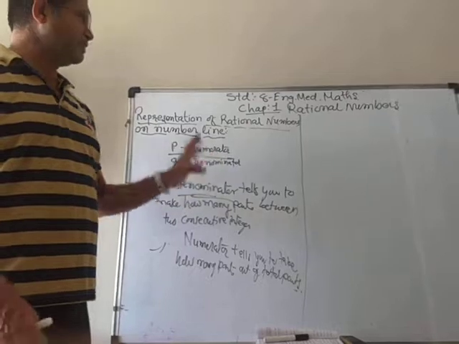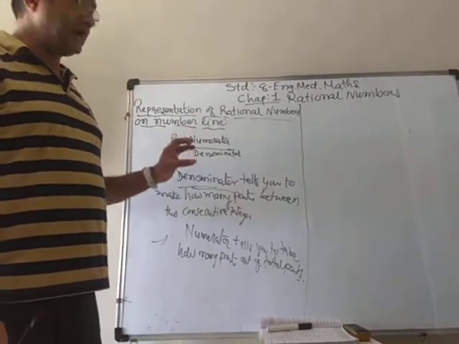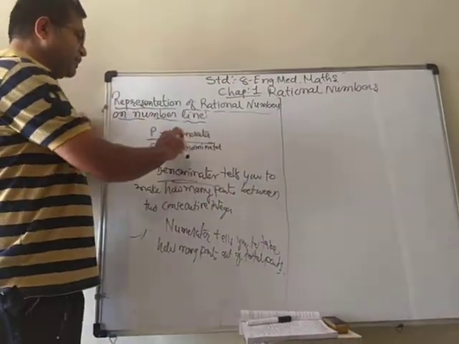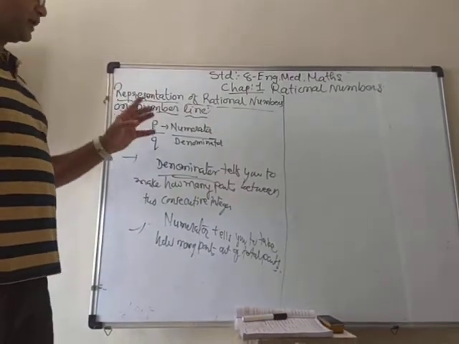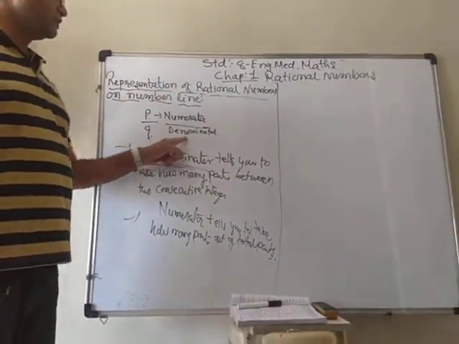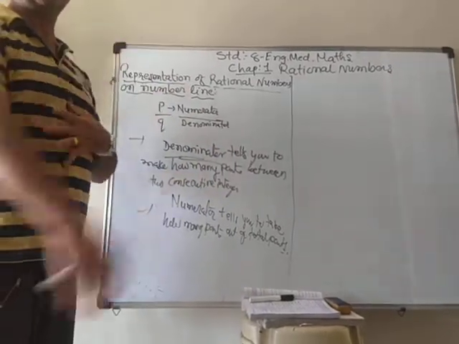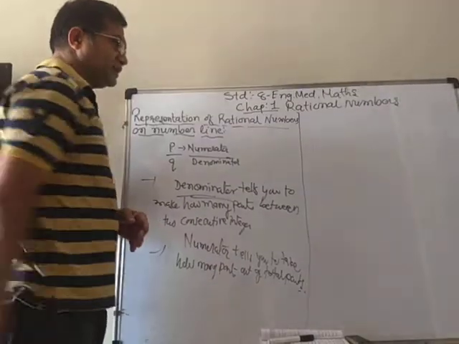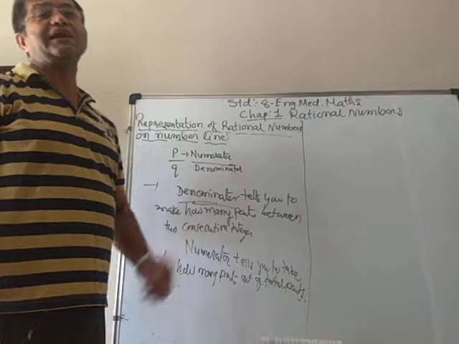We know that a rational number is always in the form of P upon Q, that is, numerator upon denominator. So always remember that we make the parts between consecutive integers. If it is a positive integer, you go to the right side; for a negative integer, we move to the left side.